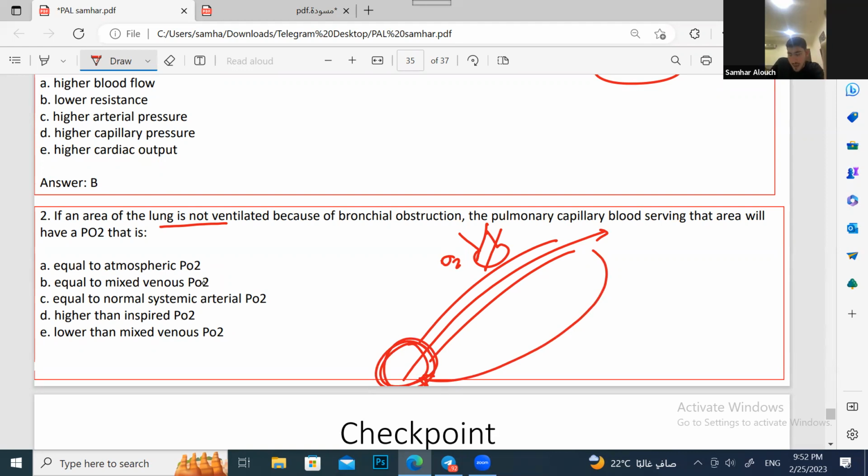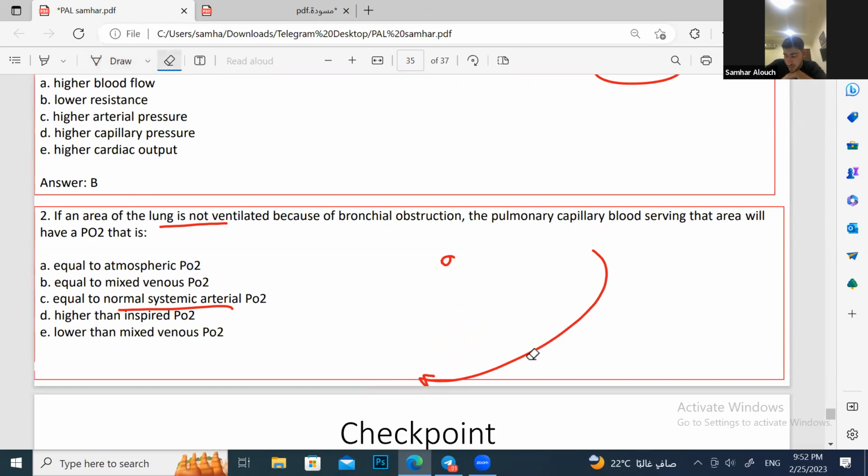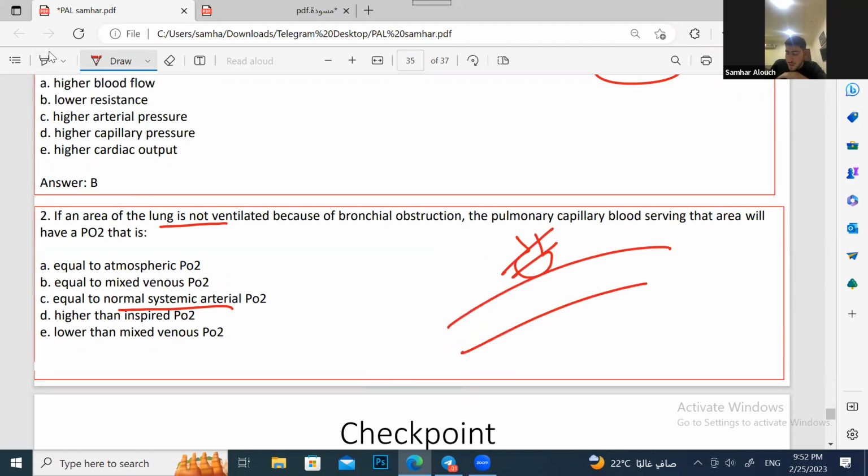If there is no obstruction and there is O2 diffusion, then it's equal to normal systemic arterial PO2, which is what comes after. But since there is an obstruction in the alveoli, there is no O2 diffusion, so the blood from the beginning till the end has no difference, and it's equal to mixed venous PO2.